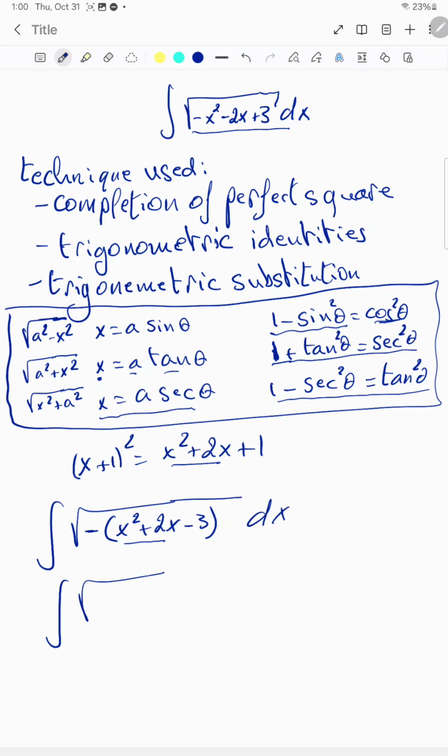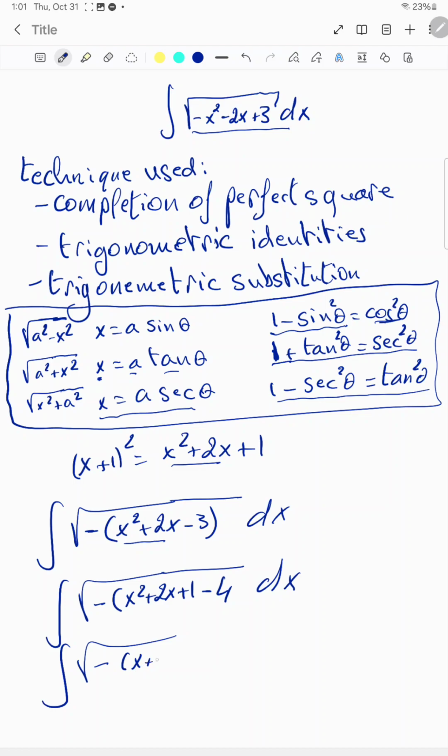So my integral becomes the square root of minus x squared plus 2x plus 1, minus 1 minus 3 is minus 4, dx. Perfect. So now my integral becomes minus x plus 1 squared, and minus times minus is plus 4, dx.